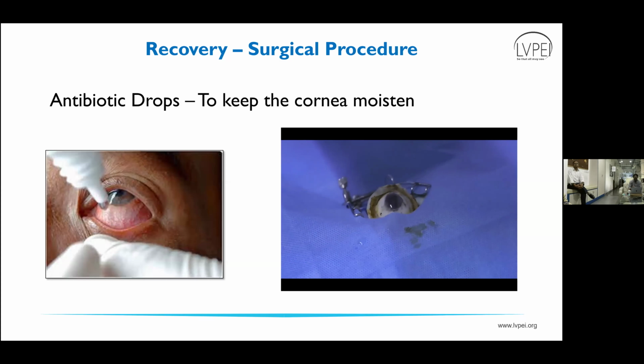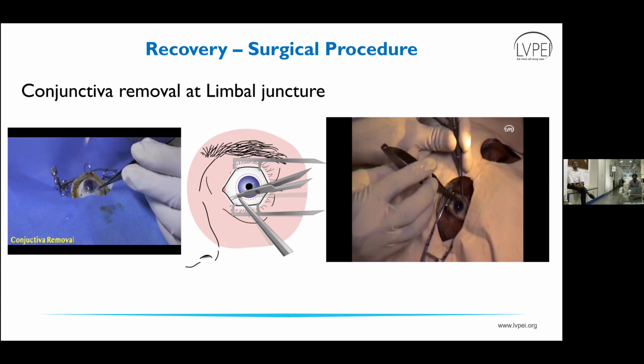Then we have to start with the conjunctiva removal at the limbal juncture, using one forceps and one conjunctival scissor. We take the forceps and scissor from the tray, and then cut the conjunctiva at the limbal juncture. You can watch the video clip of how it is started.